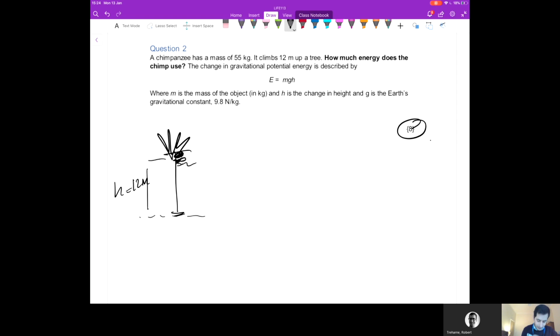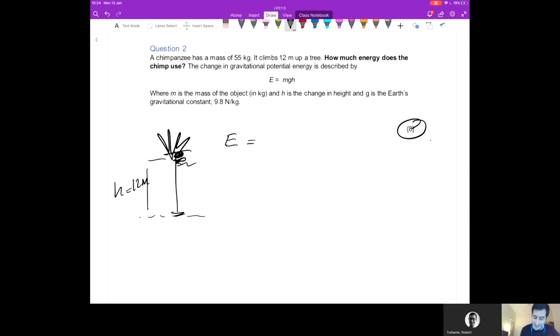And he weighs 55 kilos. So the potential energy that's gained must be equal to the energy that he has used up chemically to climb that tree.